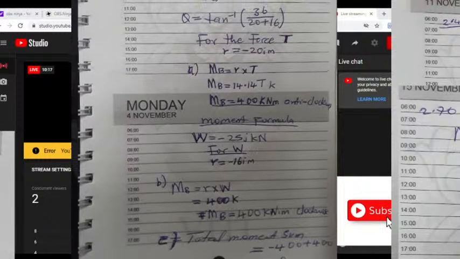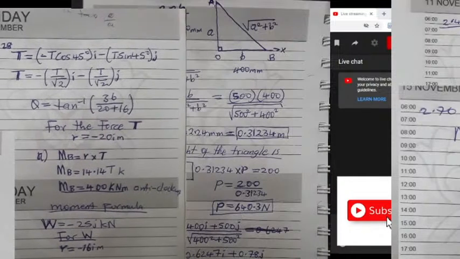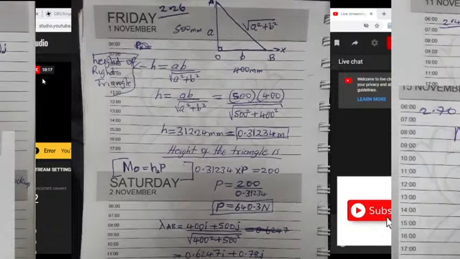Before we move into the next question, 2.4. Let's move to 2.4. Yes, it is just too close. Let me move this one away.